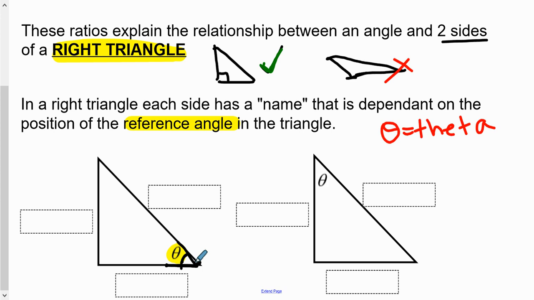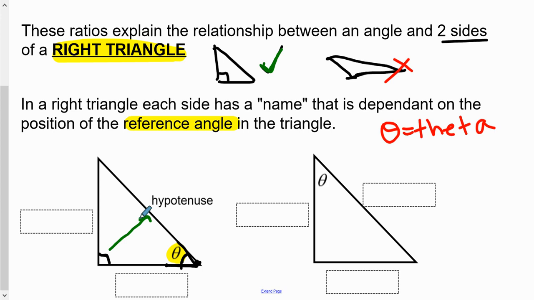And so when I'm looking from this angle, we are going to describe the sides with three main names. The first one is a name that we're probably familiar with already, and that's the hypotenuse. The hypotenuse is always the longest side of the triangle. To help us out, we can remember that it's always the length that's opposite our right angle.